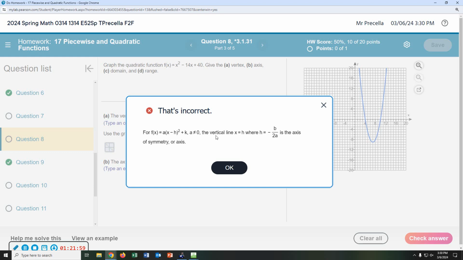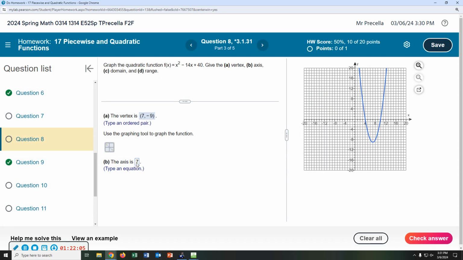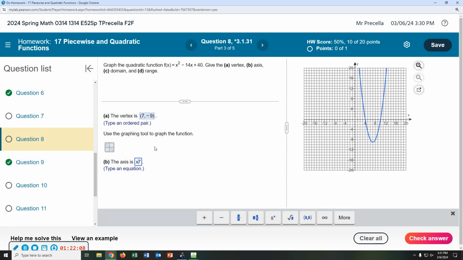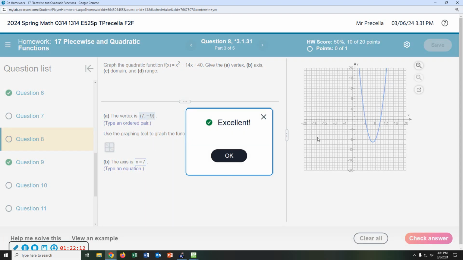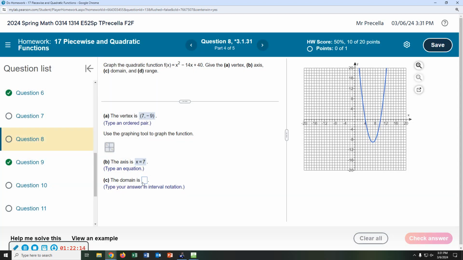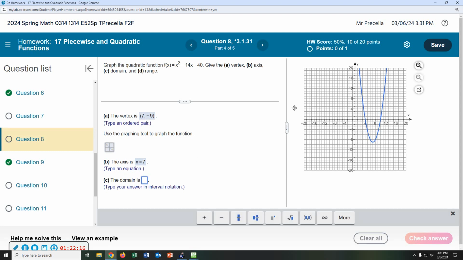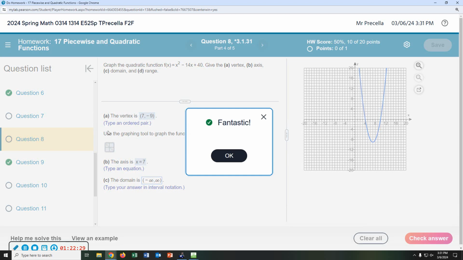Oh, well, they try to tell you the vertical line x equals minus b over 2a. So they are hinting that it's got to be x equals. Would it say on the test to type in an equation? It will say type an equation. So that's your clue. Negative infinity, comma infinity, close parentheses.